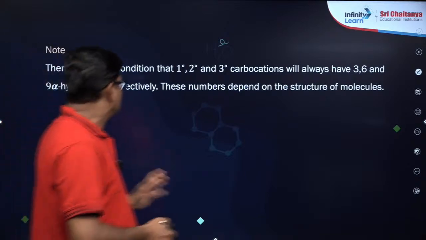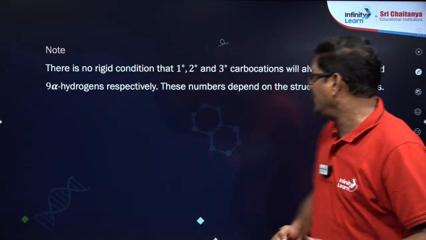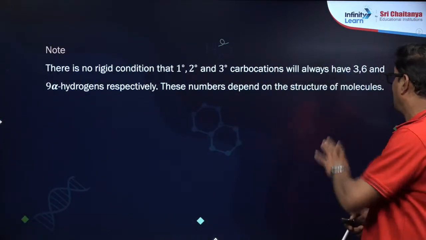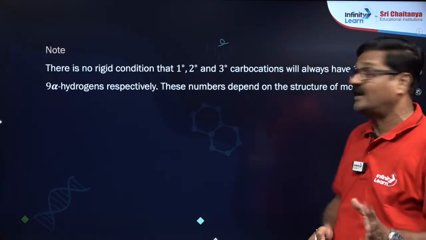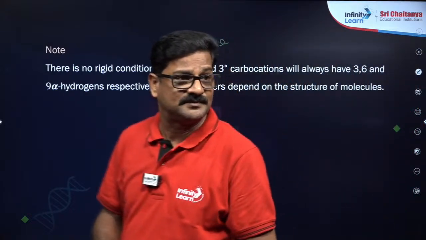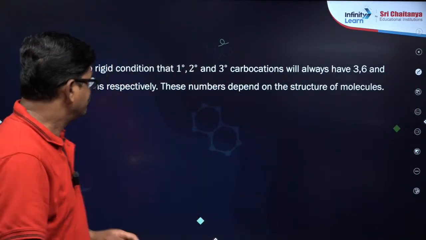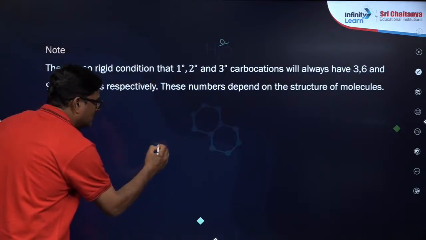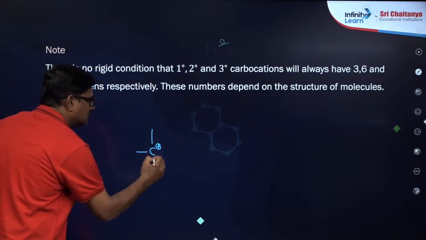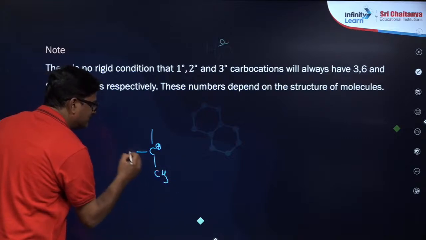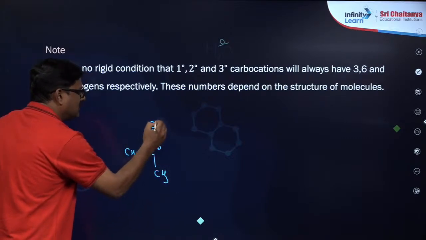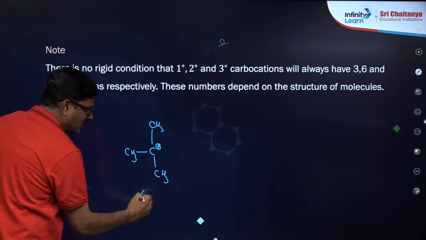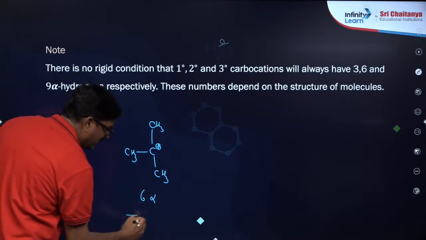So there is no rigid condition that primary, secondary and tertiary carbocation will always have 3, 6 and 9 alpha hydrogens respectively. Why? Because they may have different numbers. If you see CH3, CH3 and CH3, 6 alpha hydrogens, you know, this is a tertiary carbocation.